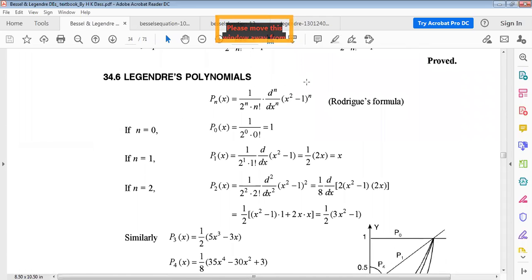Now this is the Rodrigues formula we have proved: Pn(x) equals 1 by 2 to the power n, n factorial, times the nth derivative of (x square minus 1) to the power n. If we put n equals 0, P0(x) equals 1. If we put n equals 1, P1(x) equals 1 by 2 to the power 1, 1 factorial, d/dx of (x square minus 1). This differentiation gives only 2x, so P1(x) equals x.